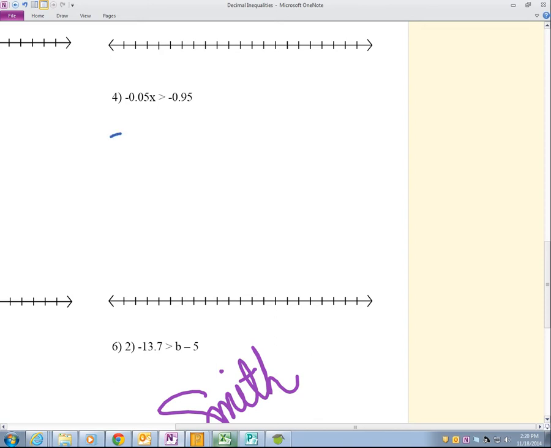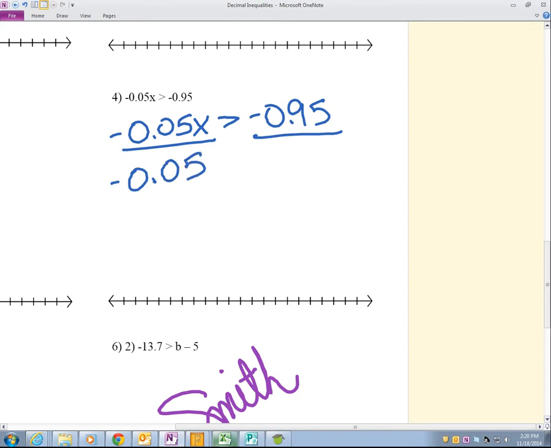I'm going to rewrite this because that's too small for me. So I go here, negative 0.05x is greater than negative 0.95. Divide by negative 0.05. I have to do it to both sides because of the division property of equality.